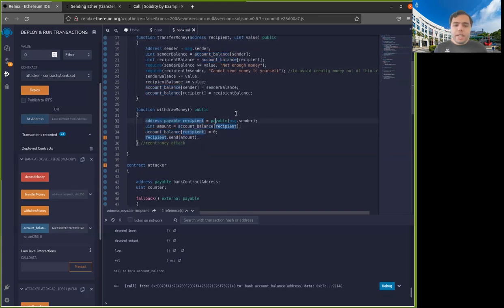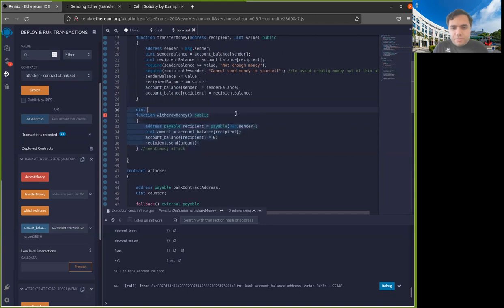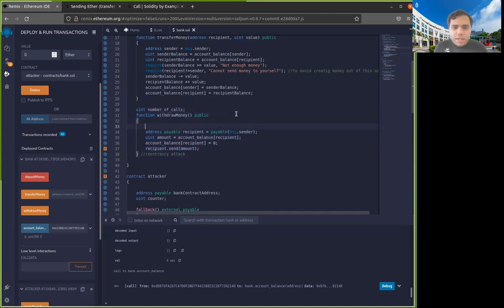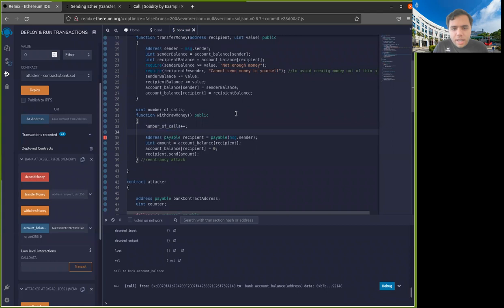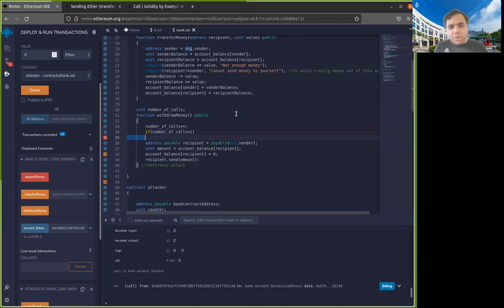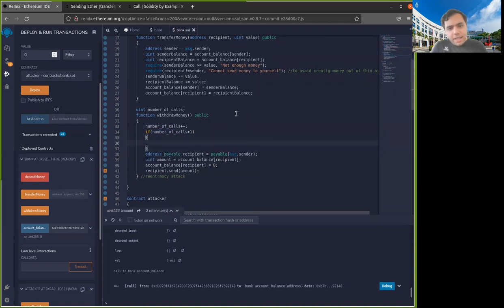Another simple way is that you can just keep track of whether this function is already being executed. So I can just have some integer, and I can call it, for example, number of calls, like how many times was this withdraw money called. And at the beginning of my function, I can increase the number of calls. And then I can say if the number of calls is more than one, so if someone is using reentrancy and calling me again, just do something here. So for example, maybe just throw an exception or cancel everything.